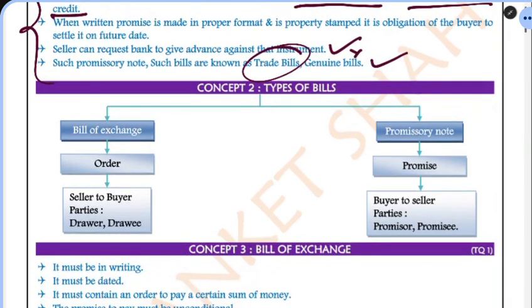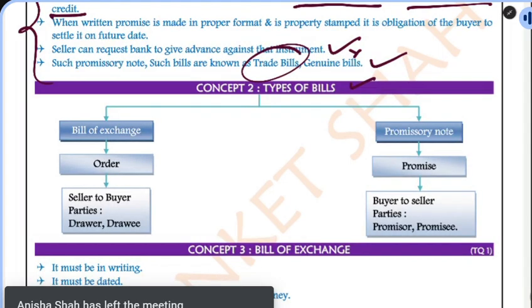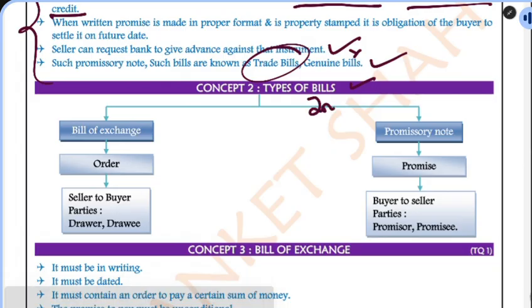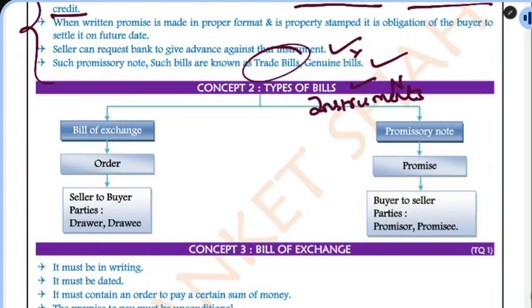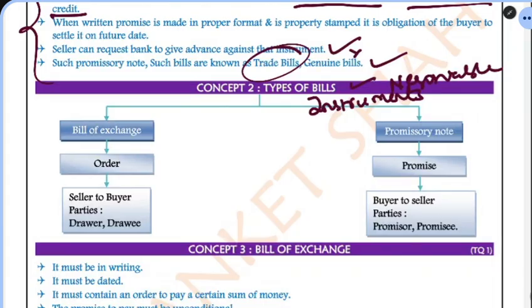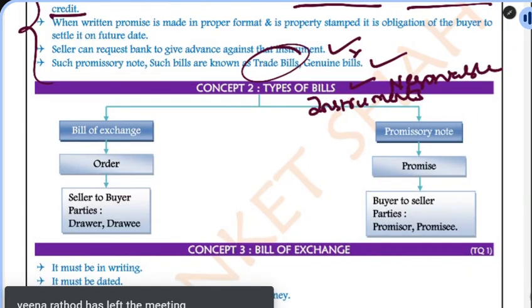Now coming to types of bills. Or rather, if I consider it as bills, it will be wrong. I call it types of instruments of credit, or you can call it types of negotiable instruments, which we will be discussing in this chapter.